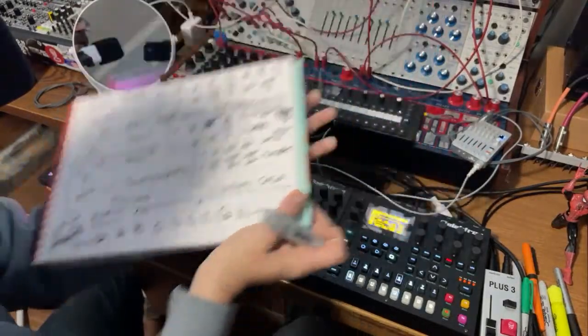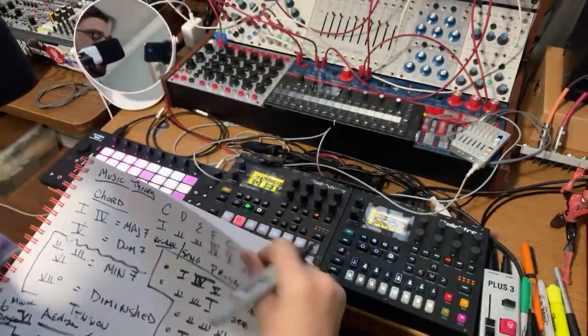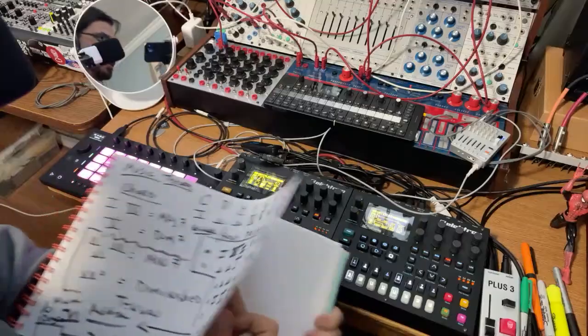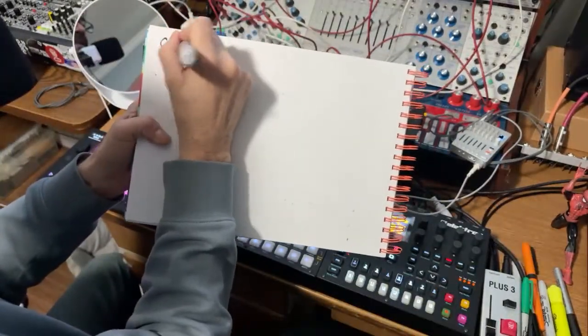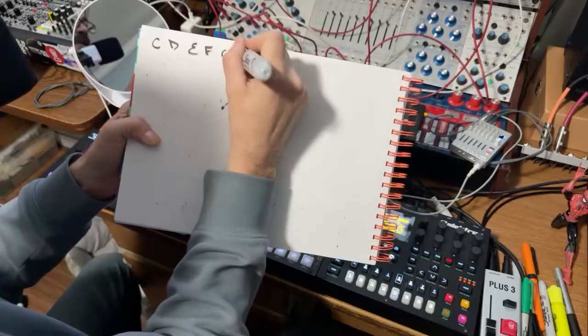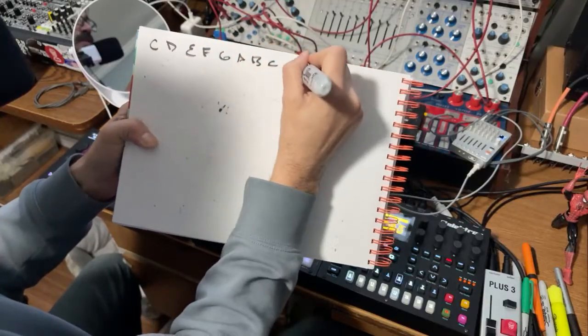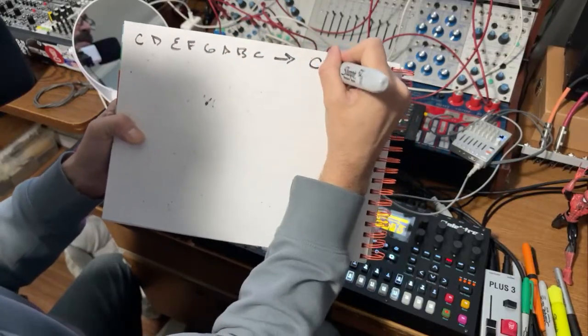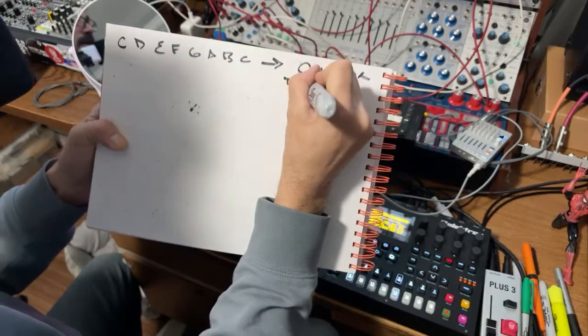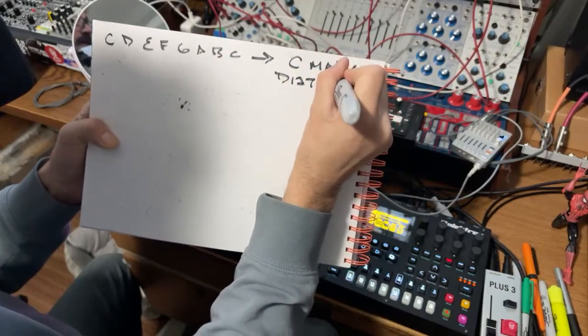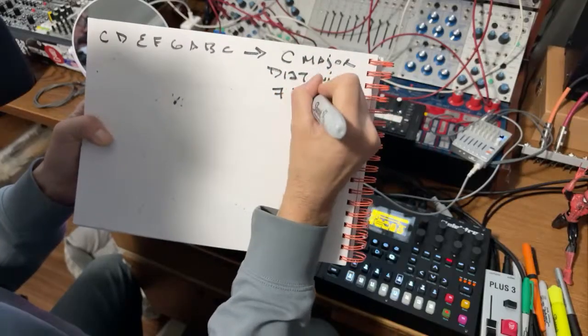Boom, snap. And now I'm going to redo the same thing. I'm going to say C, D, E, F, G, A, B, C. And that's our reference to what? C major. And this is called a diatonic scale, which is 7 degrees.